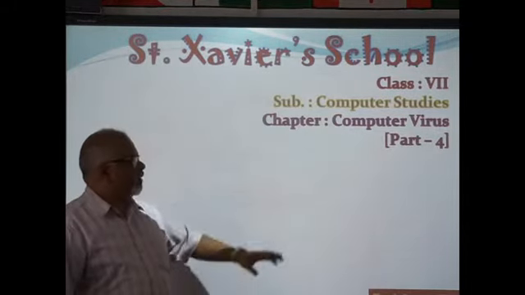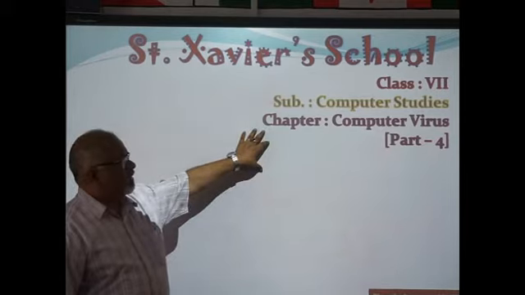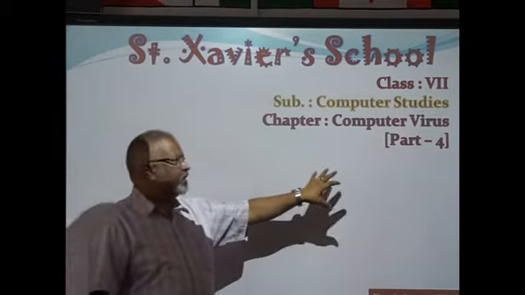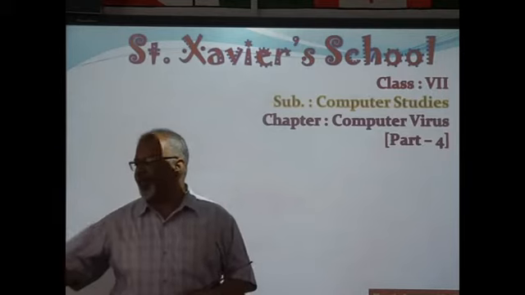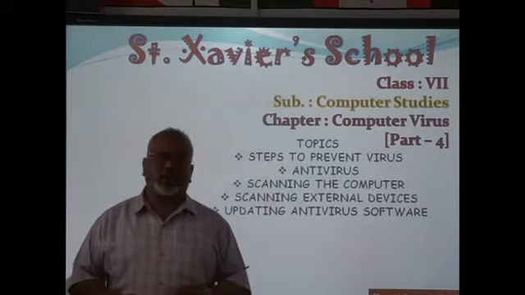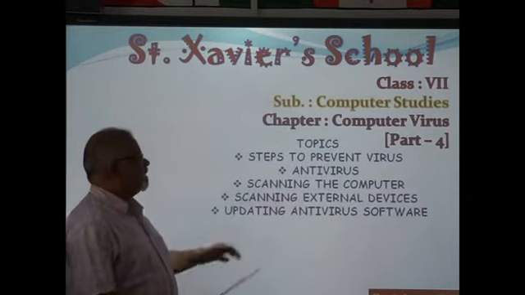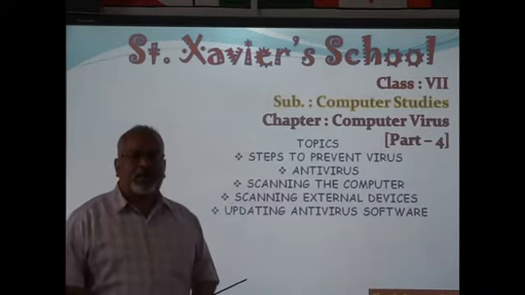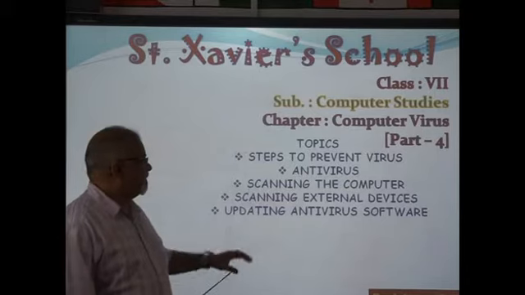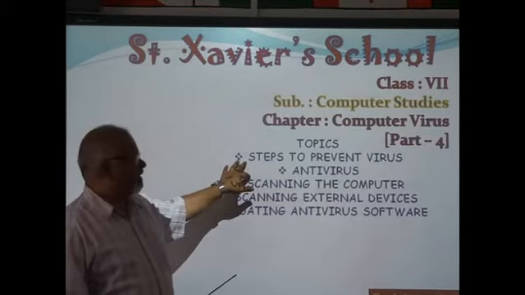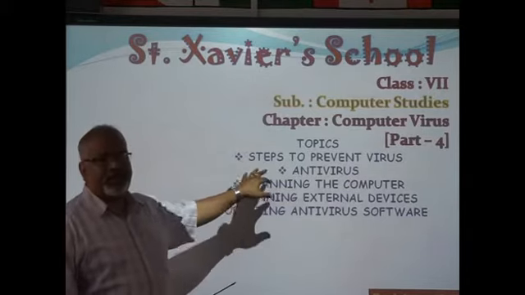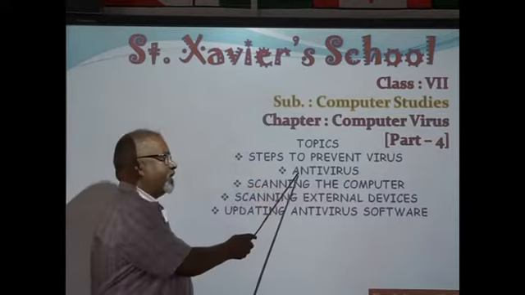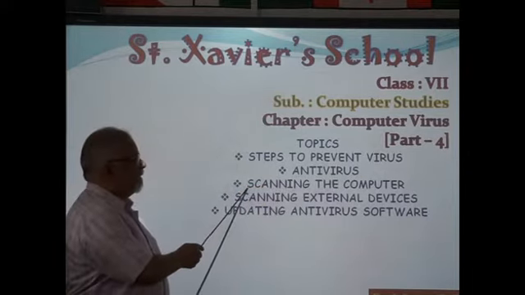Today in this video we are going to learn the same chapter, computer virus, and this is the fourth part of it. The topics we are going to cover are steps to prevent virus. Already we have discussed various types of viruses. Now steps to prevent virus, and one of them is antivirus, so we will be studying about antivirus.